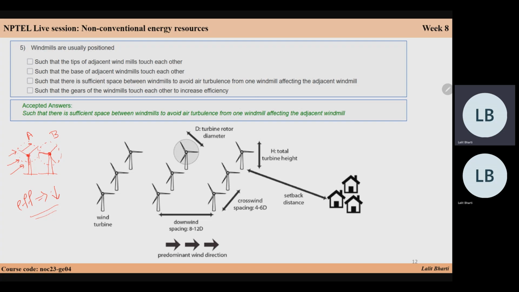If you have diameter D of the sweep area, where D is just double the blade length, your downwind spacing should be 8 to 12 D, or around 10 times your D. And your crosswind spacing should be around 4 to 6 D. And you should have a sufficient setback distance from any considerable object.